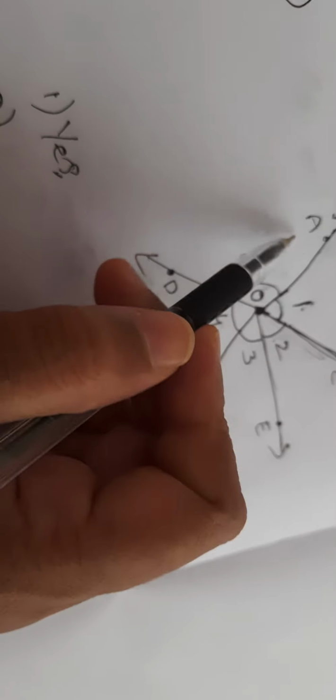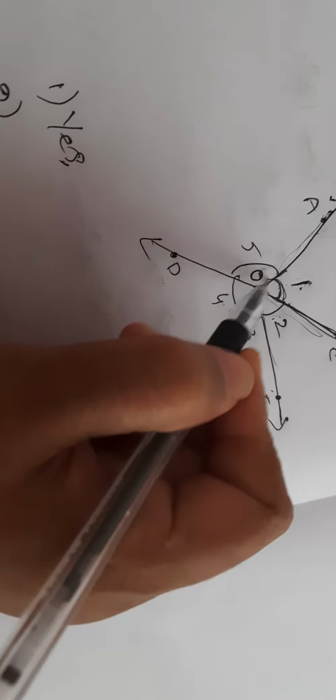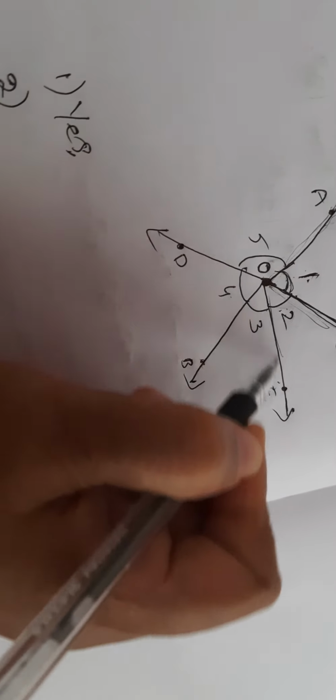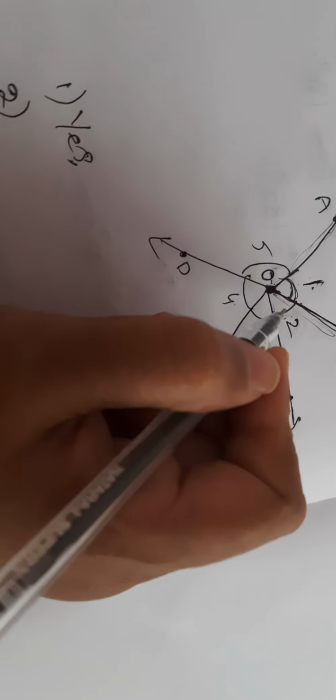Now the second one, you see: is angle AOC adjacent to angle AOE? Here you see angle AOC, A is here, O is there. So AOC is one angle here. Now they are asking, is angle AOC and this angle AOE adjacent?